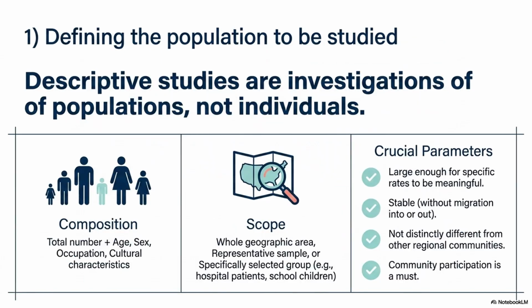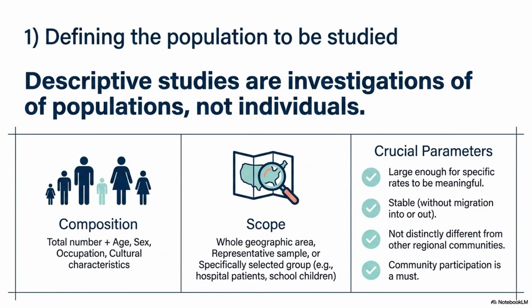The first step is defining the population to be studied. Descriptive studies are investigations of populations, not individuals. So its main concern is the population under study, not an individual person.